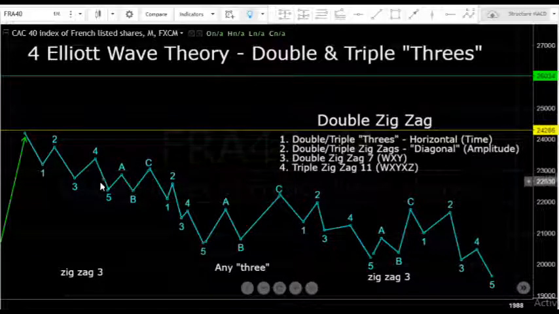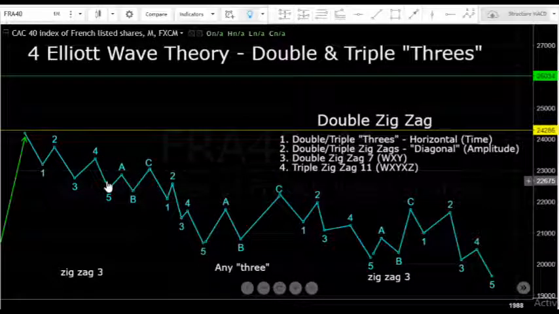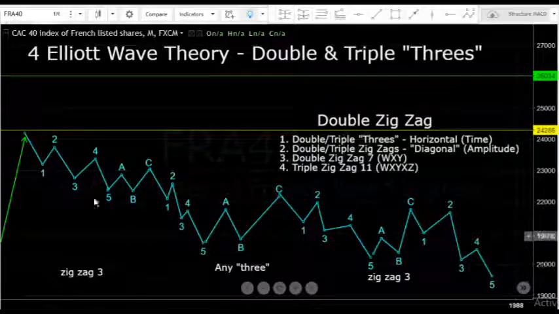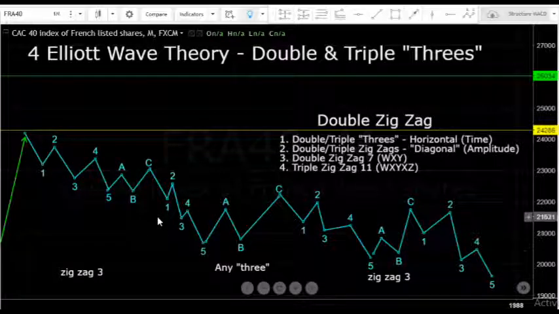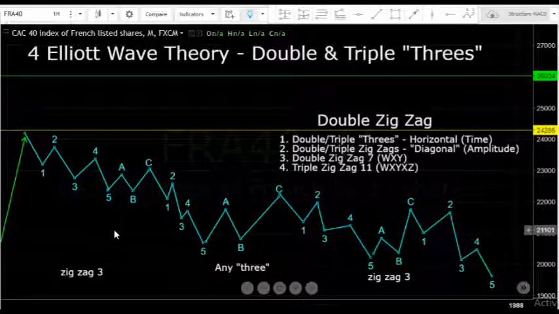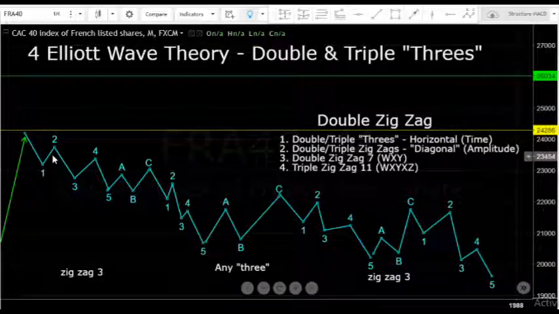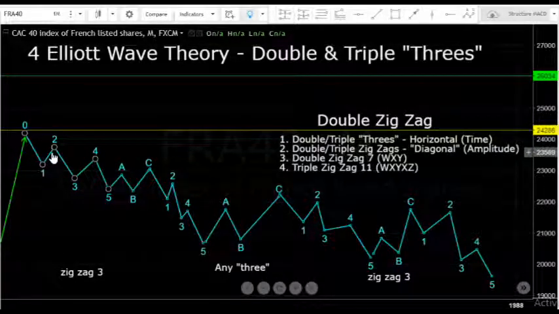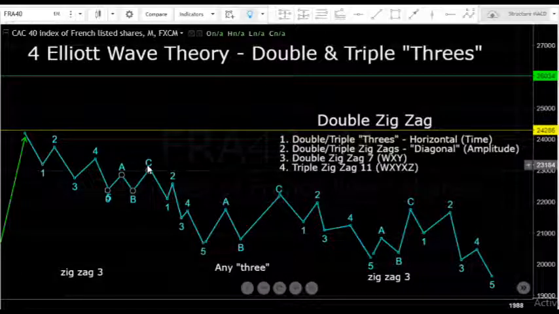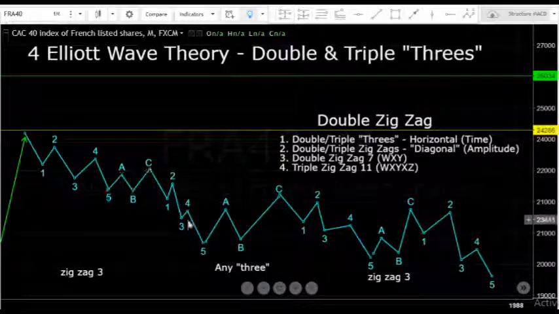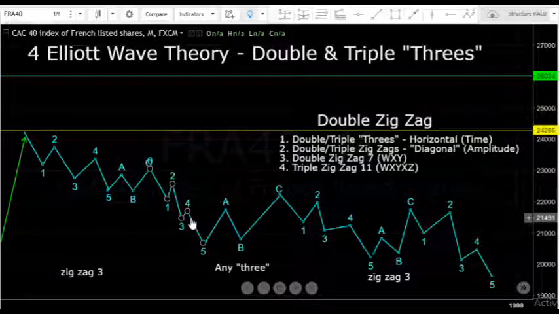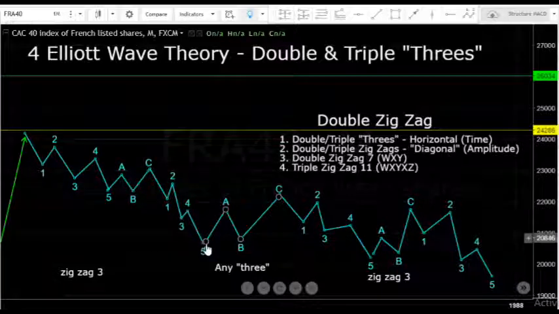Now this would be called a leading diagonal, and because we have a leading diagonal here, and because we now know a little bit about alternation, basically we can now say that where we have a diagonal, once we get our connecting 3, we're going to have an impulse for the next 5 coming down. So that's our first zigzag coming down.